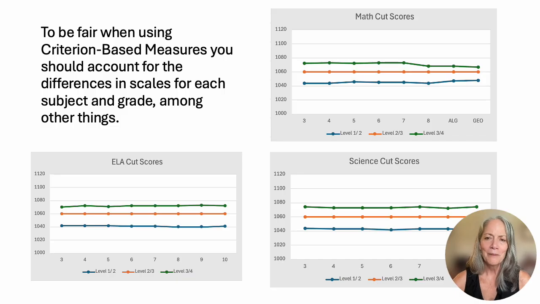So we've got our cut scores here for ELA, math, and science. You can see that we would have to create smaller cuts below the blue line, cuts between the blue and the orange line, and there's not a lot of scale score points there. So it's kind of a false sense of progression, and it doesn't capture all growth.